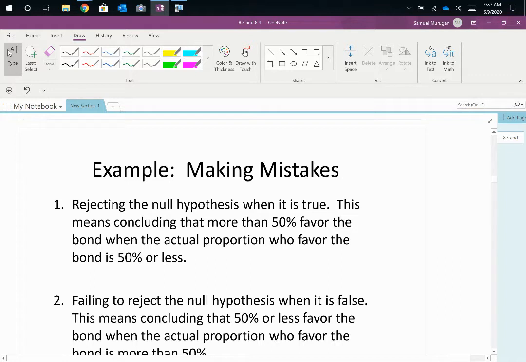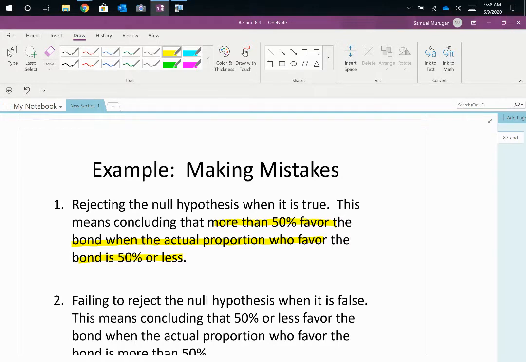Rejecting a null hypothesis when it is true. This means concluding that more than 50% favor the bond when the actual proportion who favor the bond is 50% or less. There could be one mistake that's happening. She went ahead and rejected the null hypothesis, even though the null hypothesis is true.